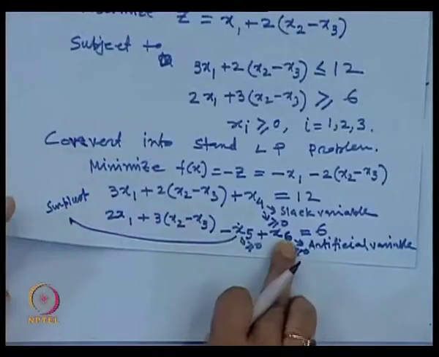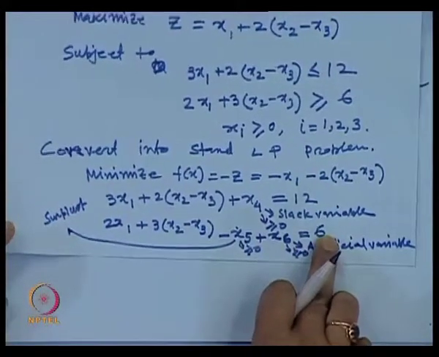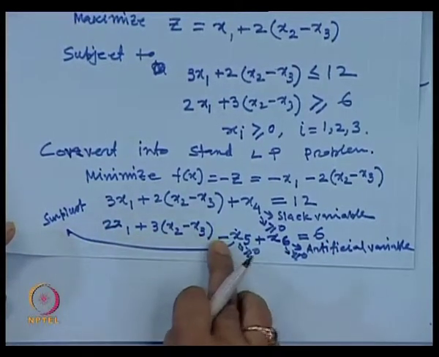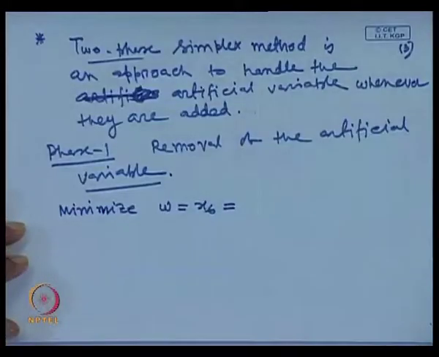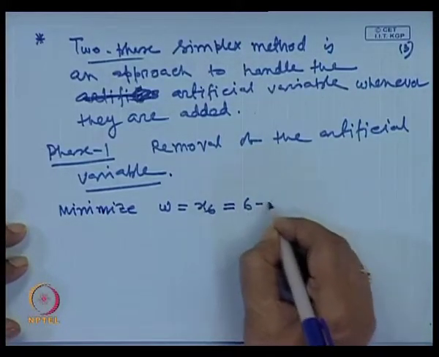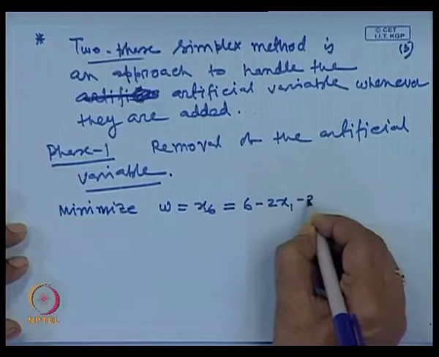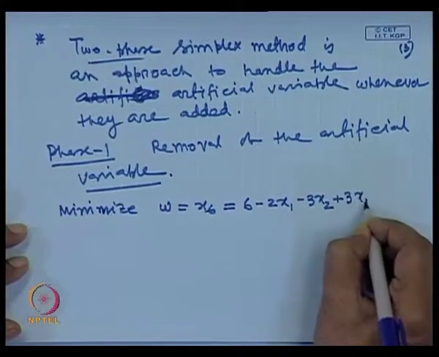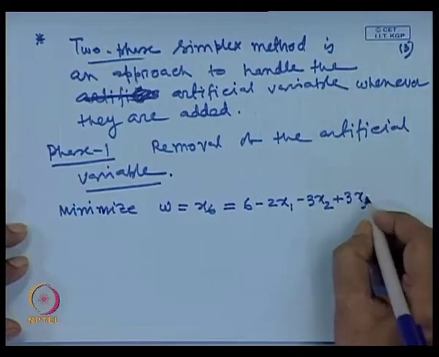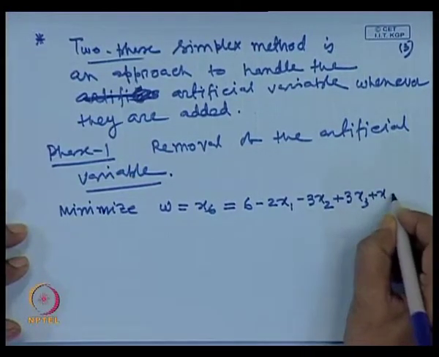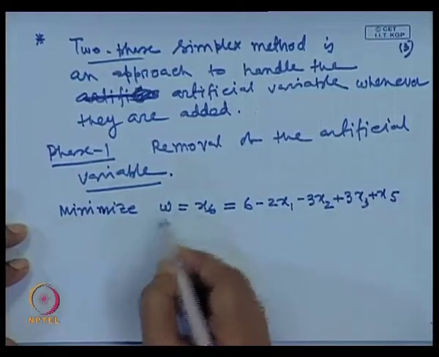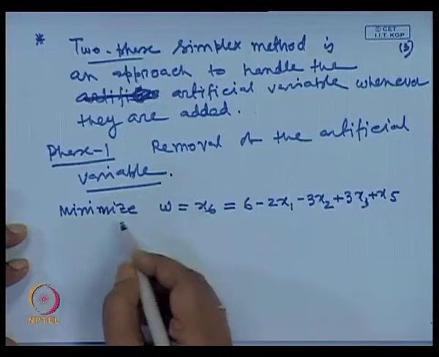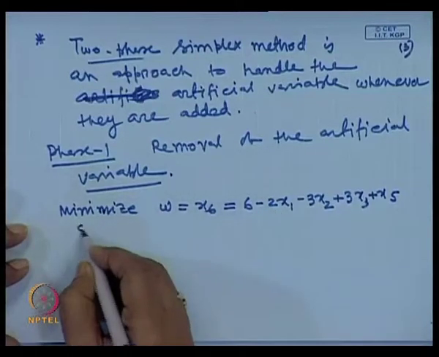From this one, x 6 is equal to 6 minus 2 x 1 minus 3 x 2 plus 3 x 3, if you open the bracket, then plus x 5. This is the artificial objective function. Minimize this one, subject to what?